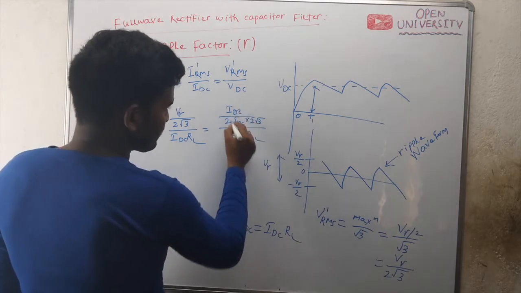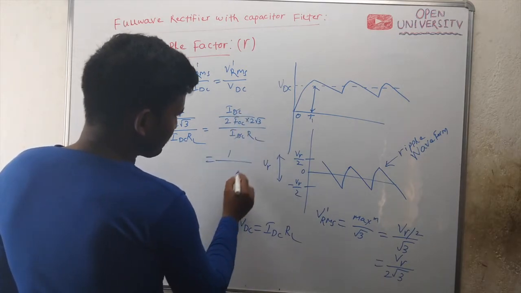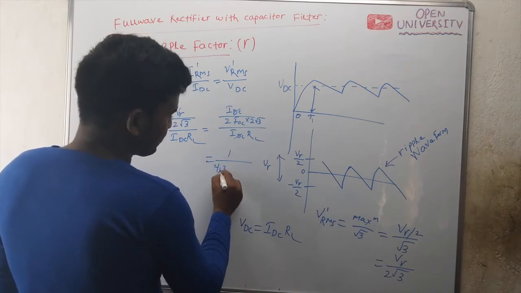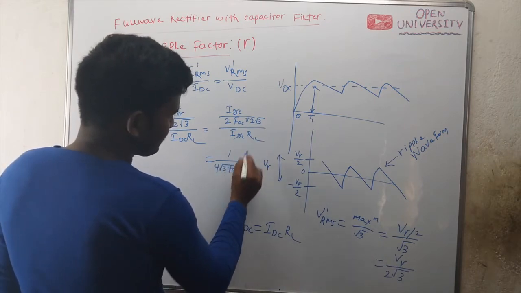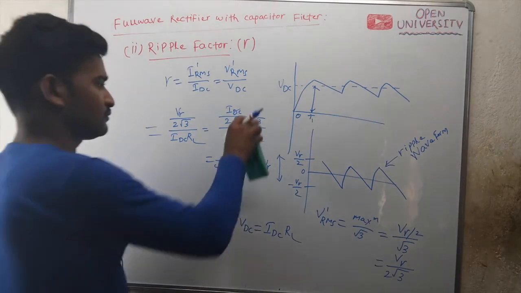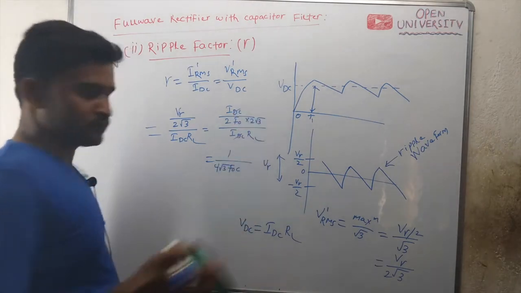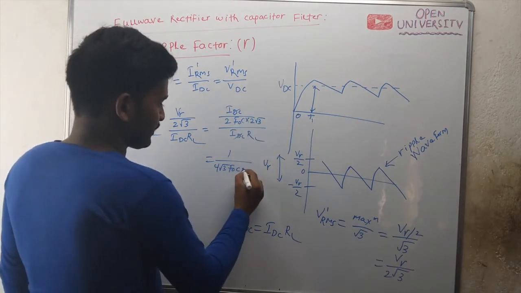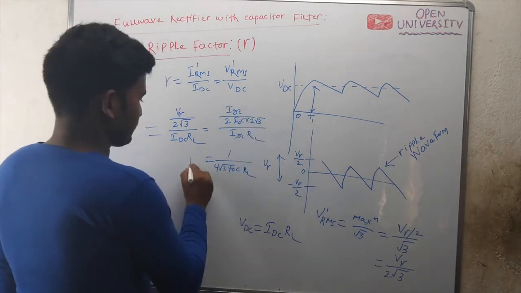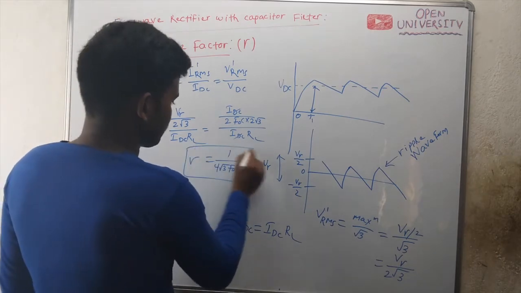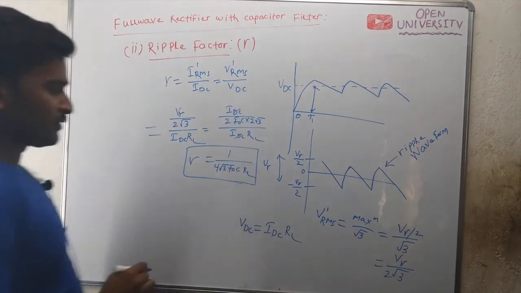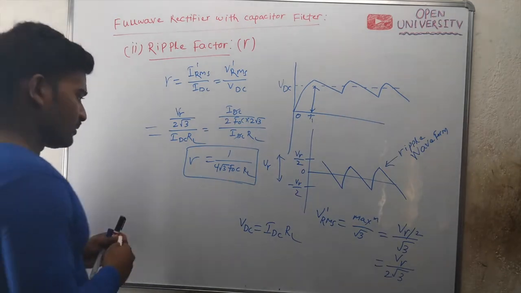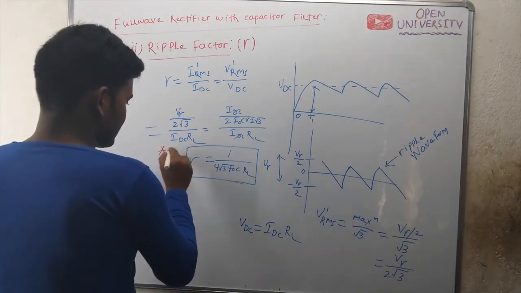This Idc will be cancelled. Then it will be 1 by 4 root 3 f naught C into RL. The formula for ripple factor is 1 by 4 root 3 f naught C into RL. This is the ripple factor formula for your full wave rectifier with capacitor filter.